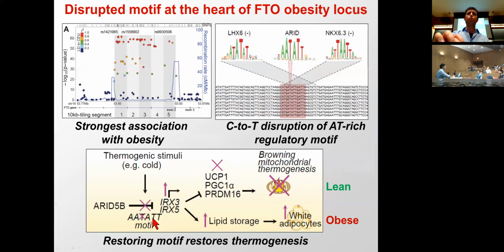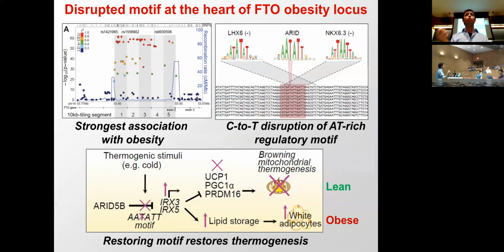Then that leads to de-repression of a super enhancer, a very massive regulatory region, de-repression of these two genes, 1 million nucleotides away, and then a switch from energy burning of thermogenesis to energy storing of adipocytes, lipid storage. And all of that explains 7 pounds in a human adult.